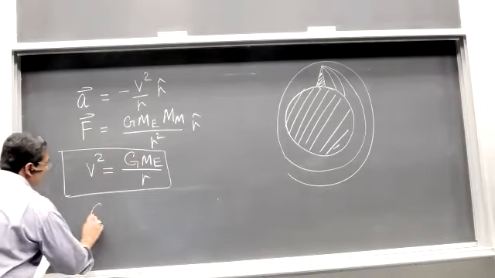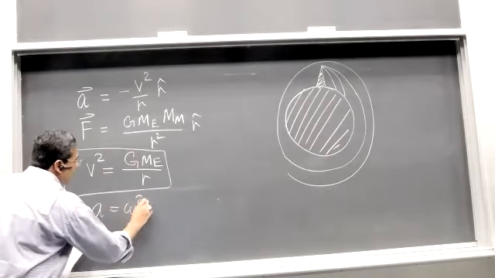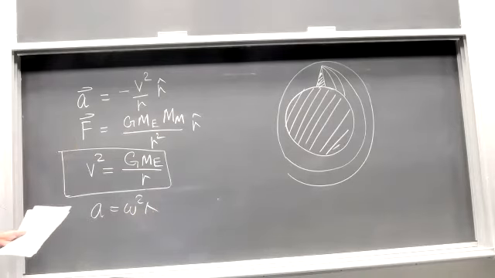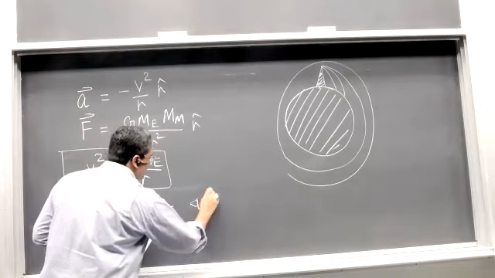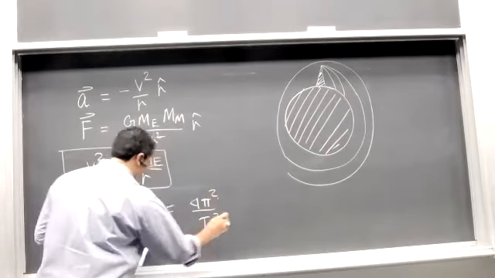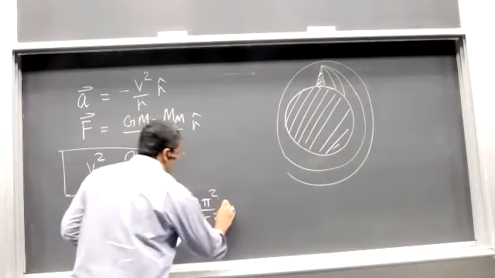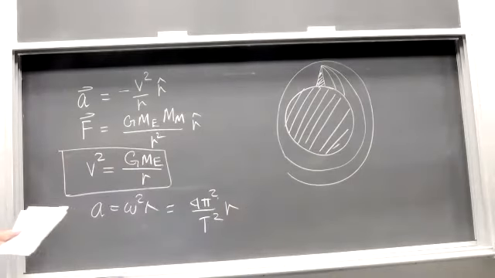Because you know a is equal to omega squared r, and that is nothing but 4 pi squared over T squared, into r. All right.